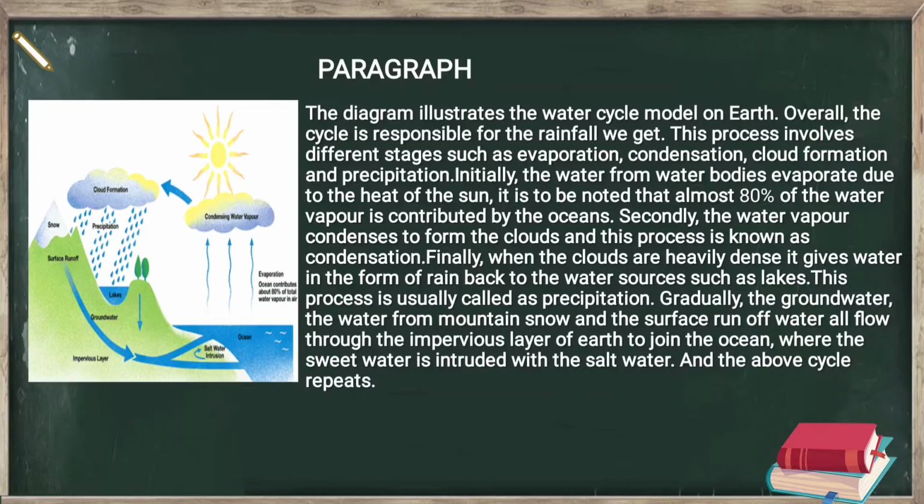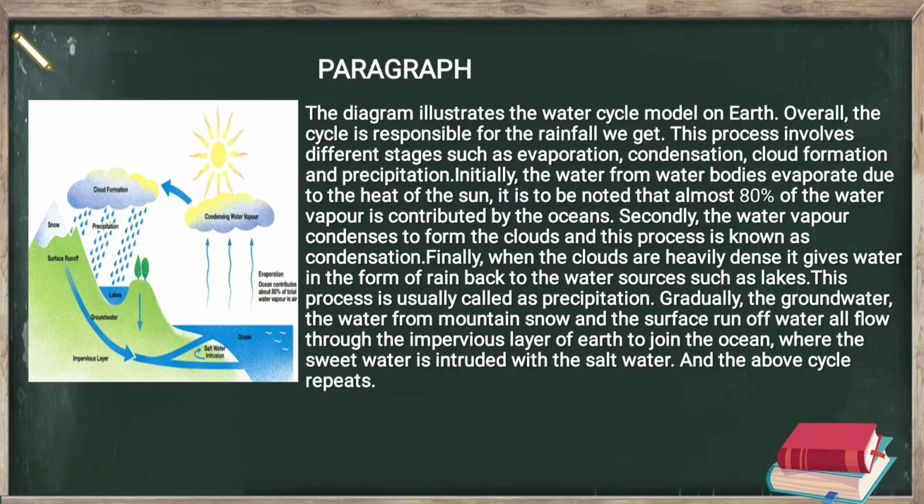It is to be noted that almost 18% of the water vapor is contributed by the oceans. Secondly, the water vapor condenses to form the clouds, and this process is known as condensation. Finally, when the clouds are heavily dense, it gives water in the form of rain back to the water sources such as lakes.